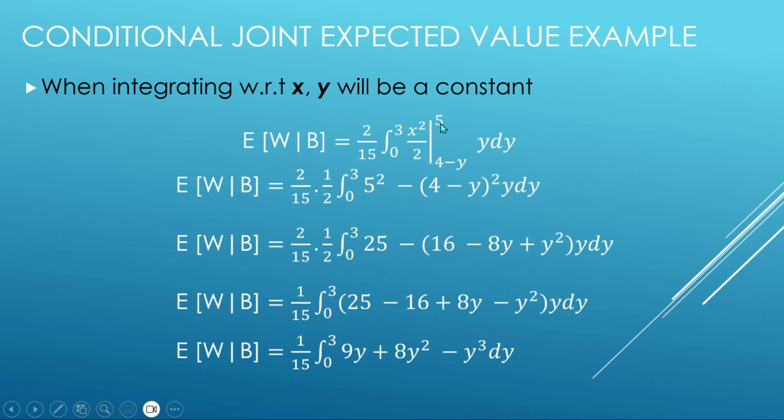We again apply the upper limit 5 and the lower limit 4 minus y, as we did before. And after simplification, we multiply 25 minus 16 plus 8y minus y square by y, and finally we get 9y plus 8y square minus y cube.